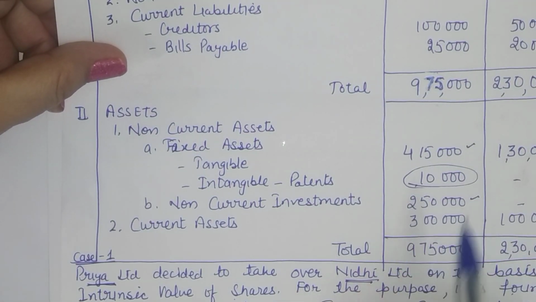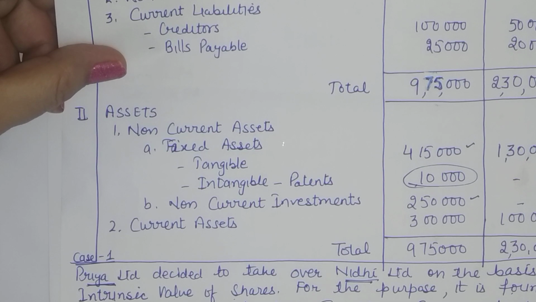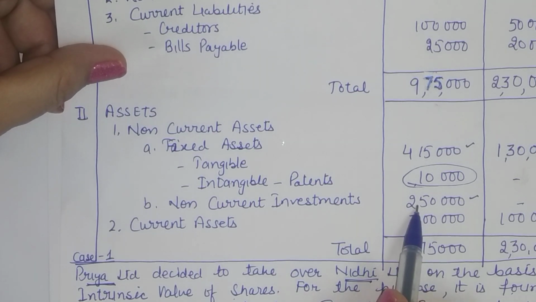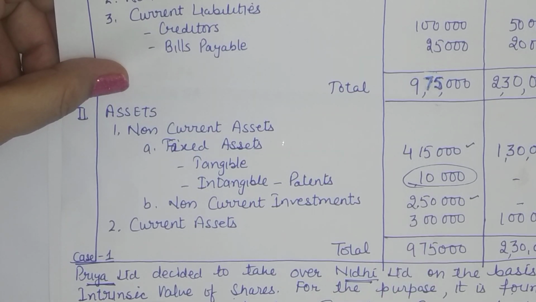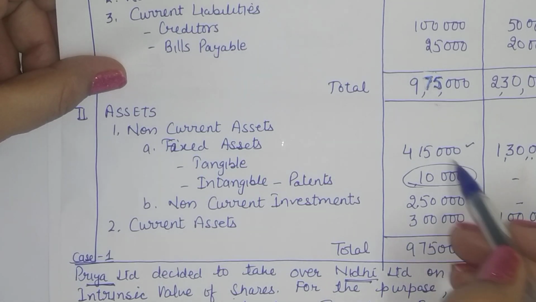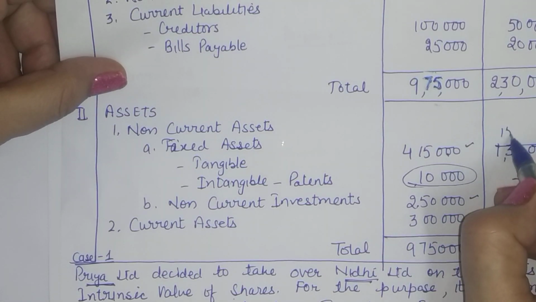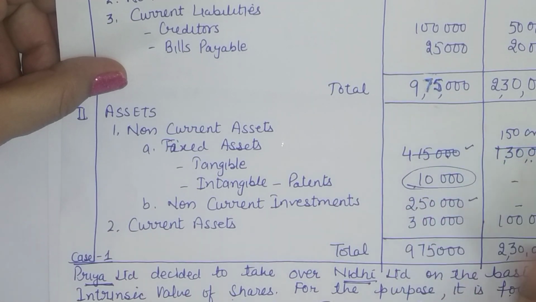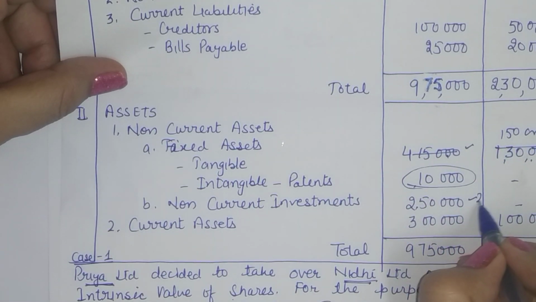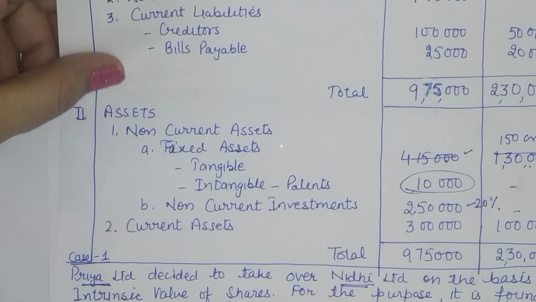Investments are at 20% less, and tangible assets of Nidhi Limited are 1,50,000. Tangible assets are 15,000 less for Nidhi Limited, so just make it 1,50,000. This is 15,000 less. This is also 20% less, nothing except this.